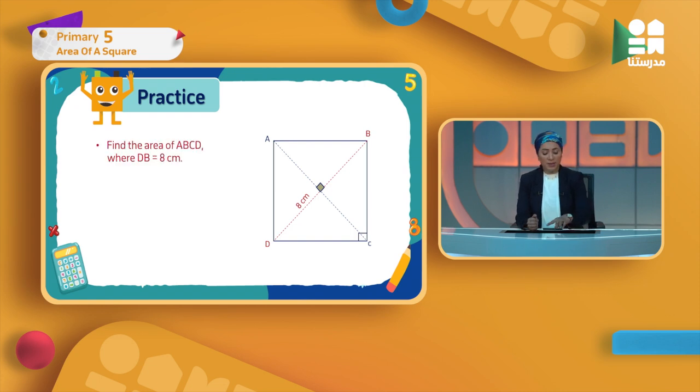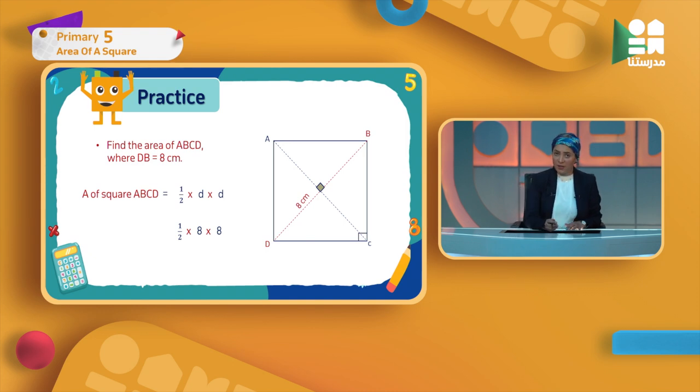So here DB, all of it is 8 centimeters. Then I'll use the second rule, which is area of square ABCD equals half times D times D. And I will substitute the D. هشيل ال D's اللي عندي أحط مكانها 8 مكان كل حد فيهم. So it will be half times 8 times 8.